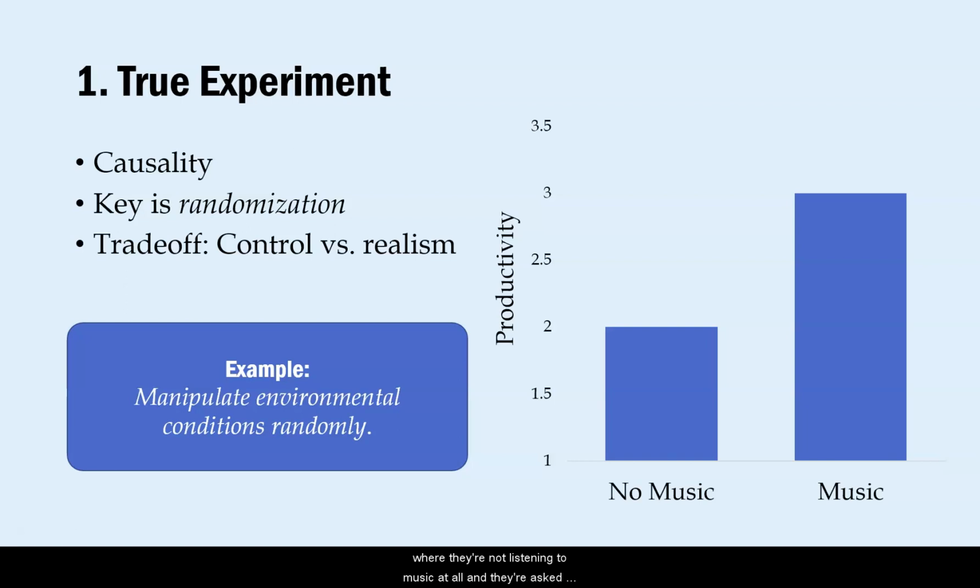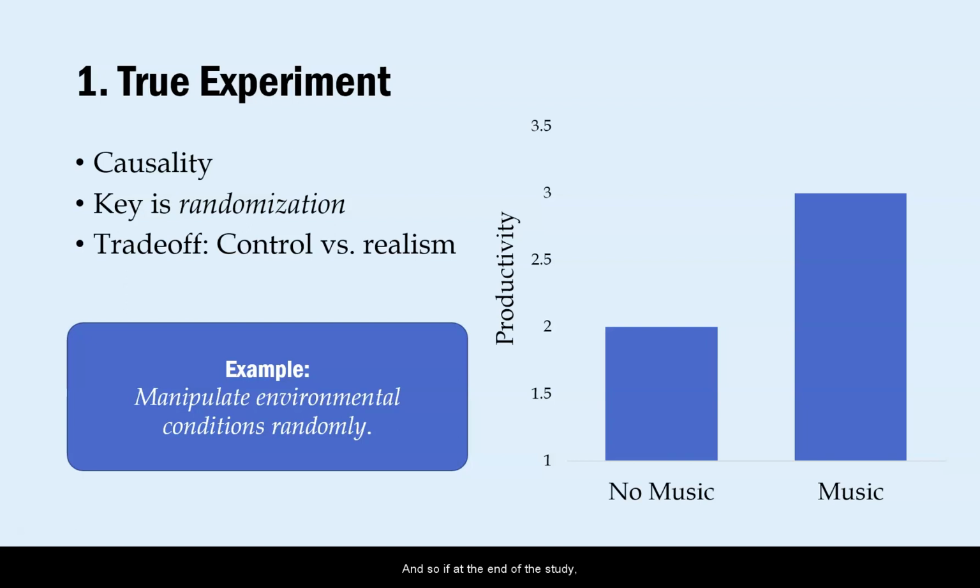They could experience a task where they're not listening to music at all, and they're asked to do something productive. Or they could be in the experience where they're listening to music while they're asked to do something productive. Again, the important thing here is, every single person who walks into this room, it's a coin flip which version of the experience they're going to have.